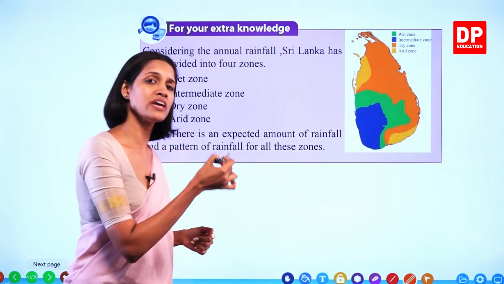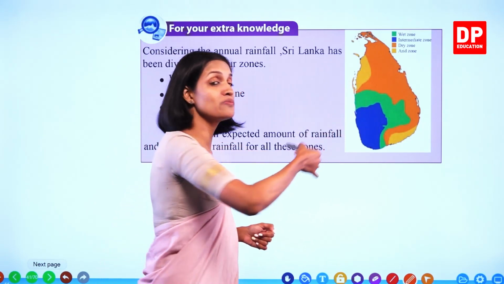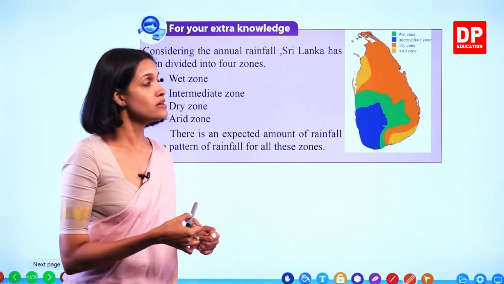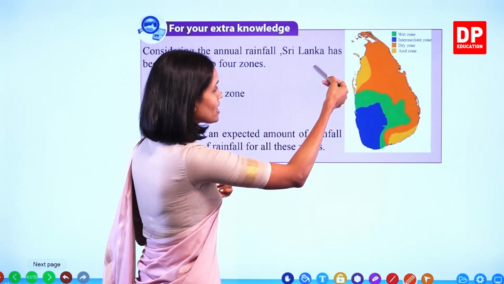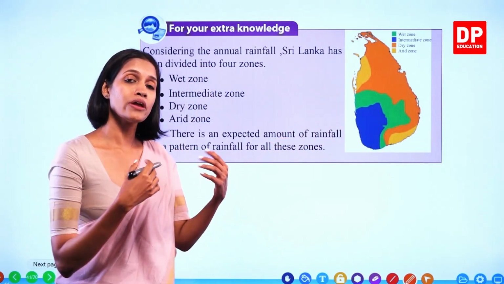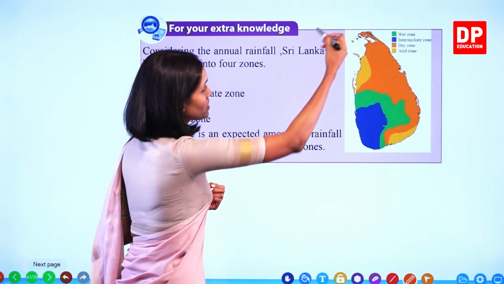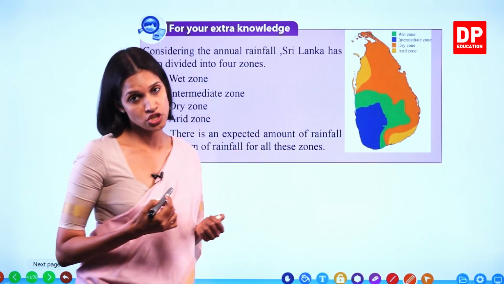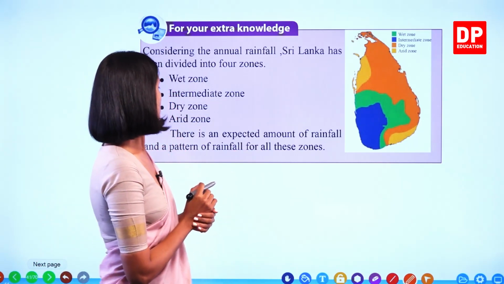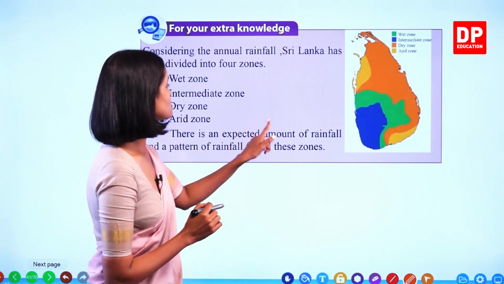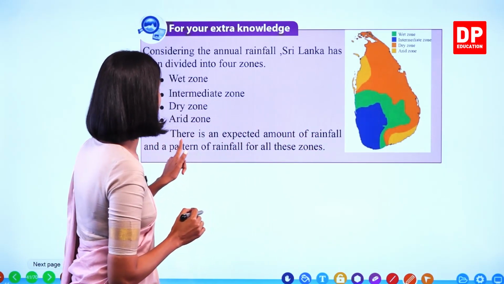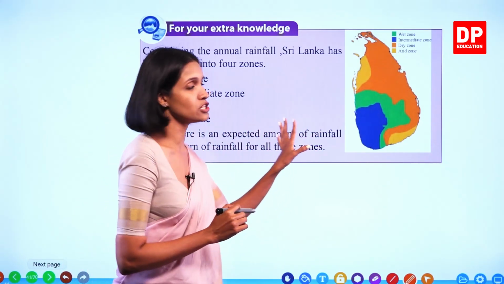What is the meaning of arid zone, children? Arid zone means very dry zone. Generally, in this dry zone and arid zone, the rainfall is less than that of wet zone and intermediate zones. Okay, children? So there is an expected amount of rainfall and a pattern of rainfall for all these zones.